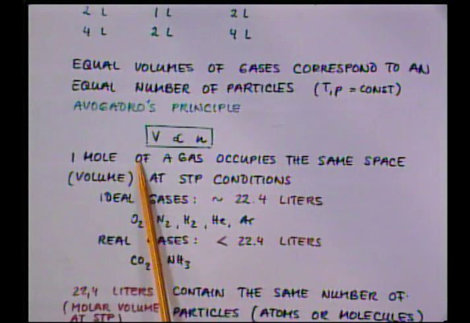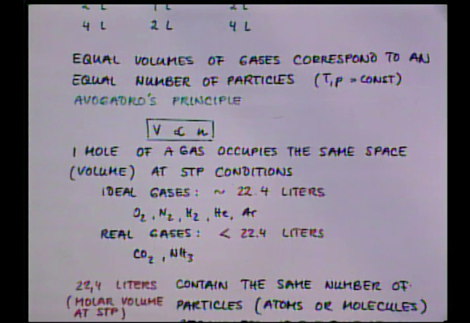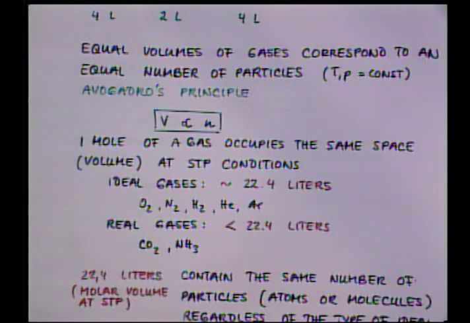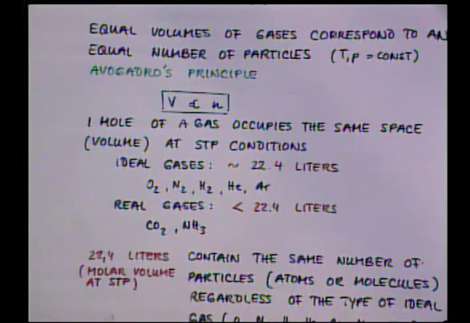So you can say 1 mole of a gas occupies the same space at STP conditions as we would now formulate it. Remember, STP means that the standard temperature is 0 degrees centigrade or 273 Kelvin, and pressure is 1 atmosphere. And at that condition, we can say that 1 mole gas occupies exactly 22.4 liters if it's a perfect gas.